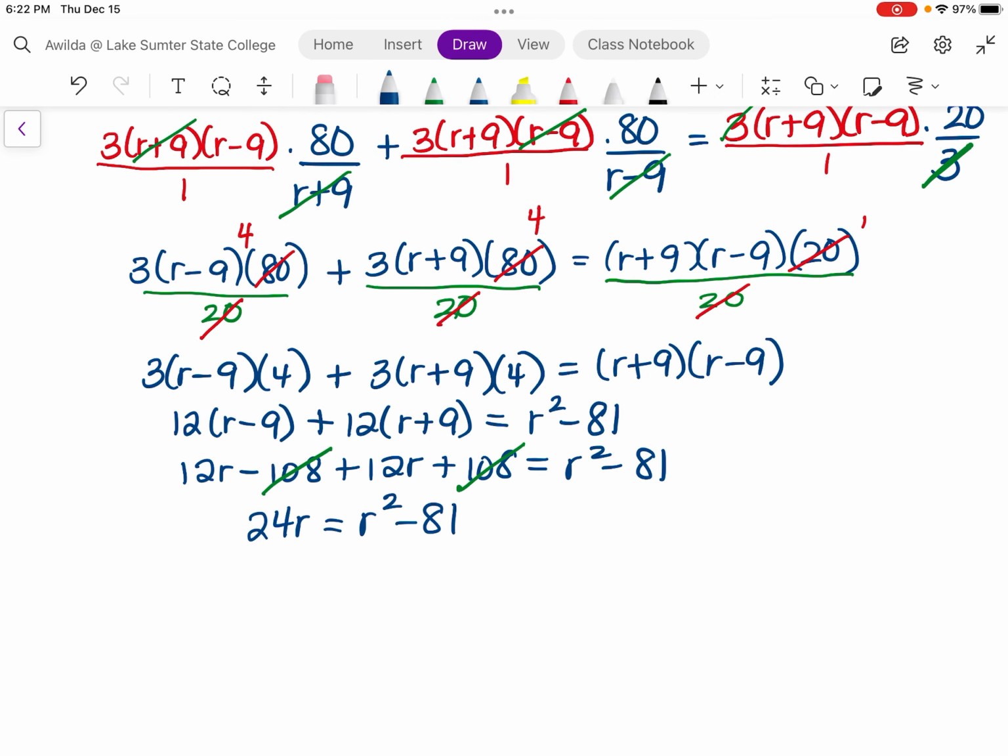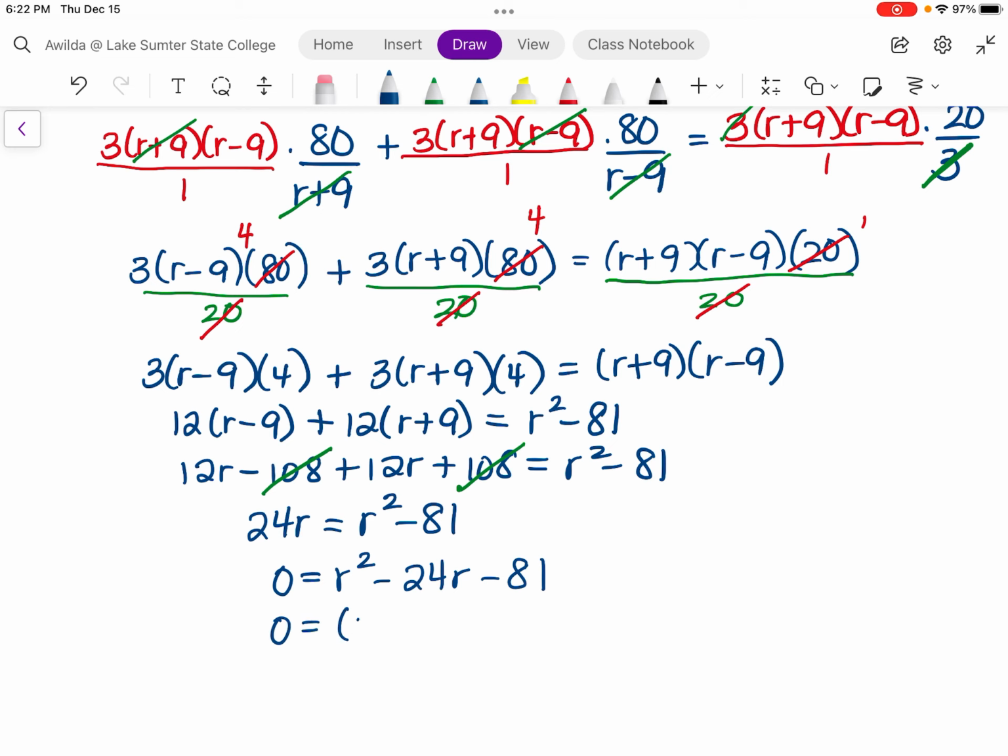Now this looks like it's a quadratic equation, and let's go ahead and write it in standard form by subtracting 24r from both sides. So we have that 0 is equal to r squared minus 24r minus 81. Thankfully, the trinomial on the right is factorable. Two numbers that multiply to negative 81 that add up to negative 24 are negative 27 and positive 3.